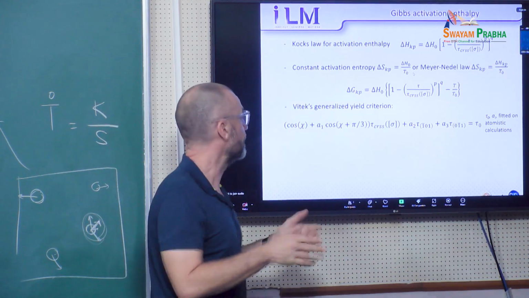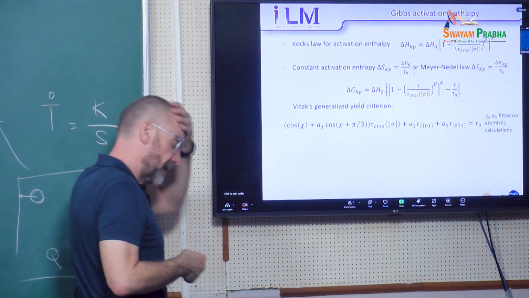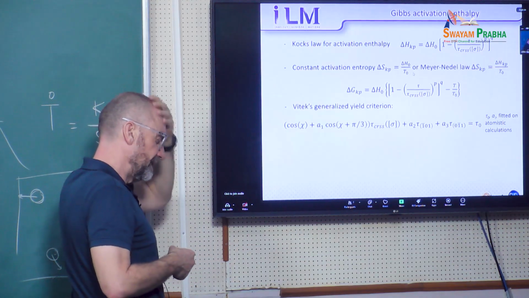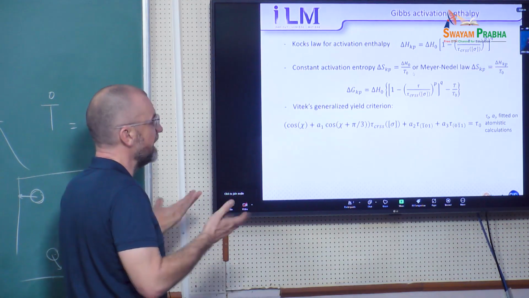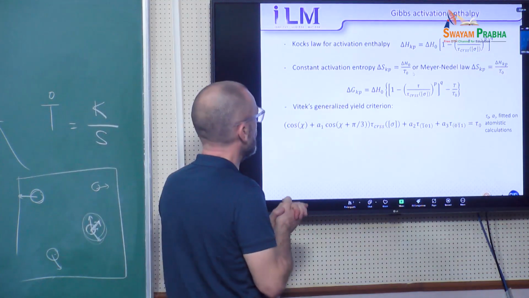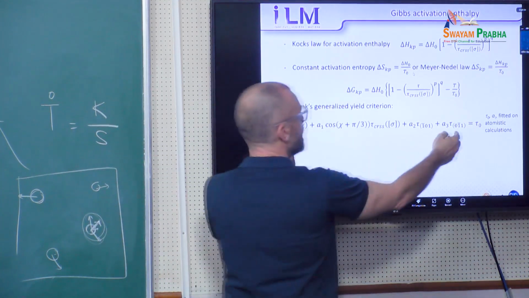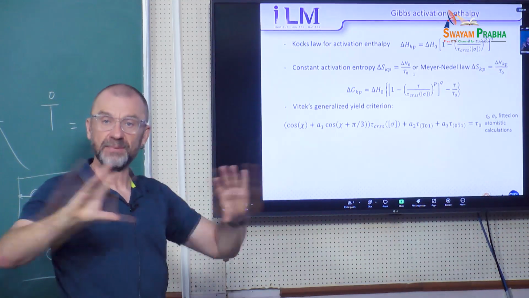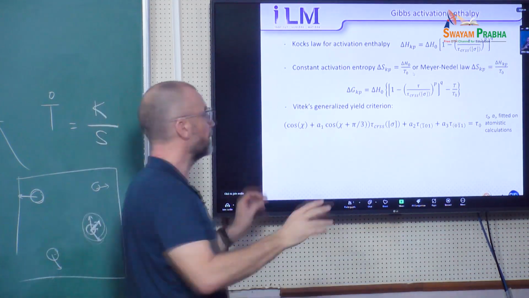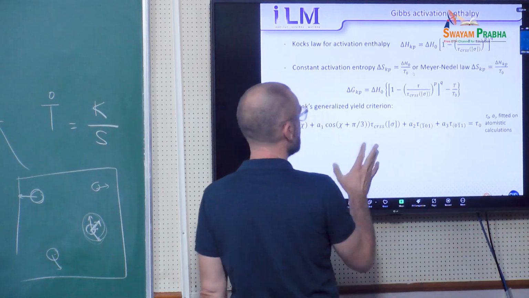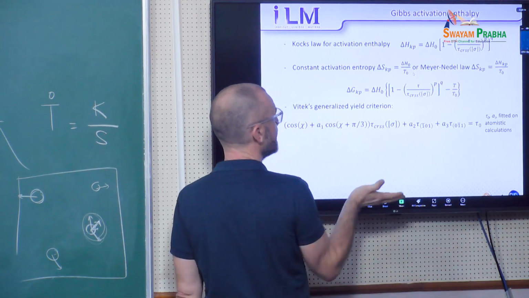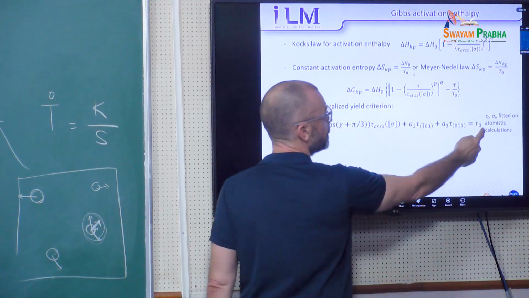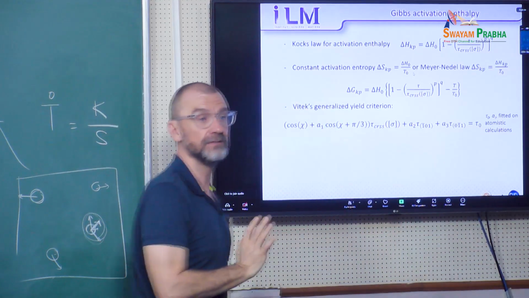And he, and Bassani and others, what they said is: let's do something that is done often in mechanics, which is let's do a linear combination. If the overall stress depends on different terms, let's do a linear combination of these different terms. And let's say that the dislocation will glide when this linear combination arrives at a critical value.